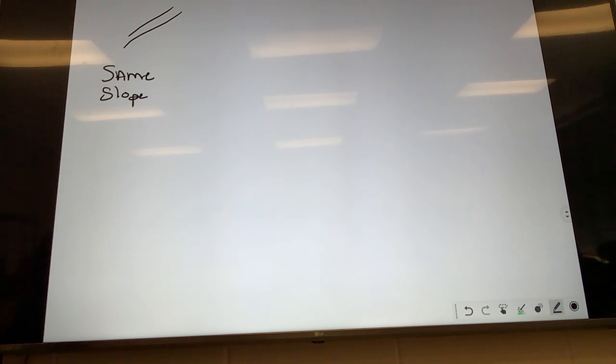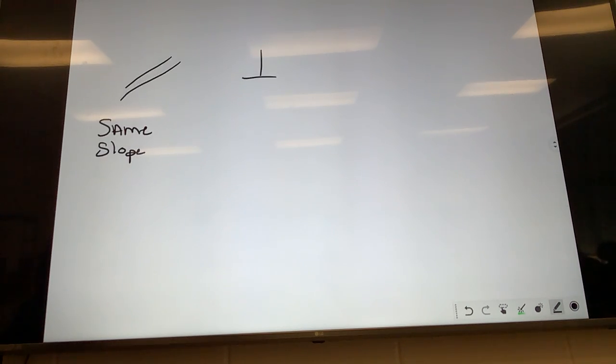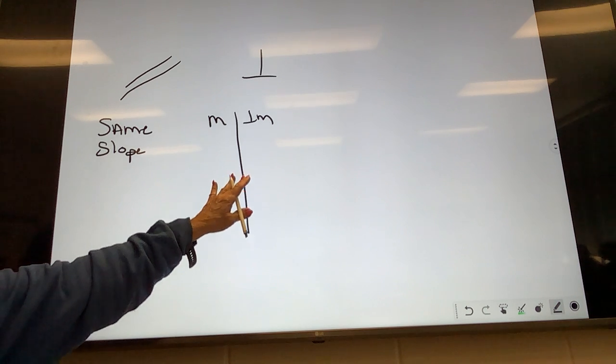Perpendicular lines, and I'm going to show you the shorthand for perpendicular, will look like this. Perpendicular lines, and I'm not even going to explain the slope. I'm going to show it. I think it's easier with perpendicular. So if I do a little T-chart, M is slope, perpendicular M would be the perpendicular slope. I like to show it with a T-chart.